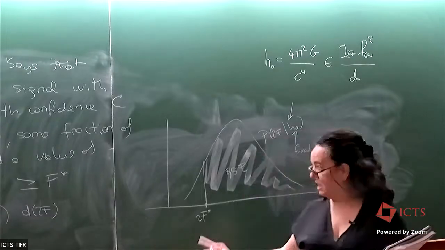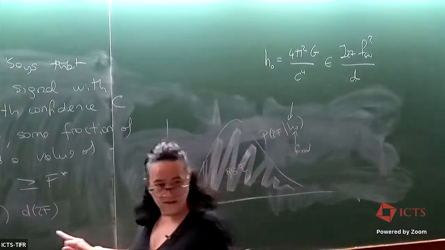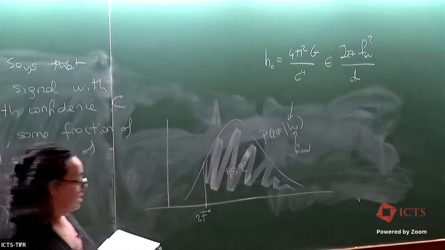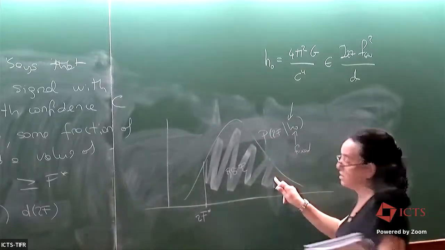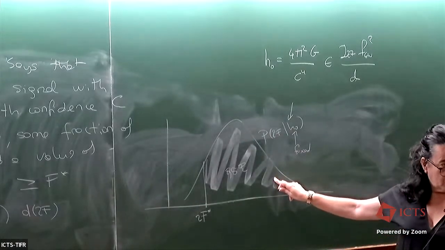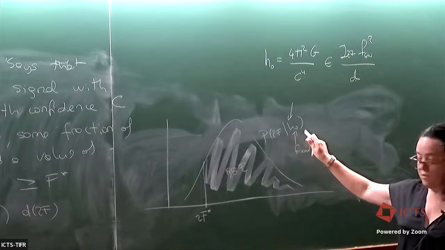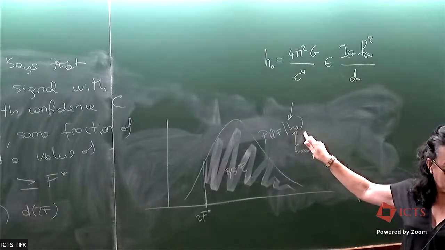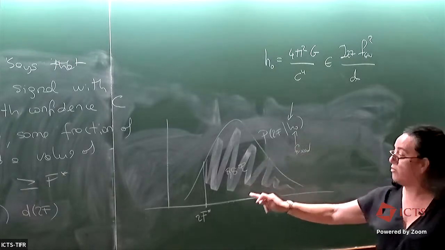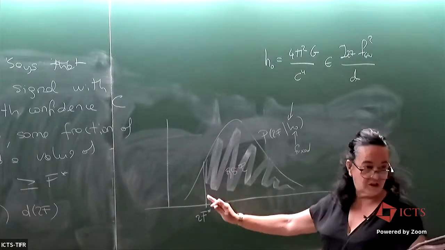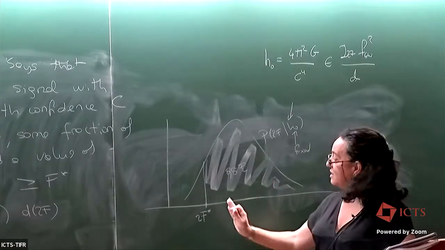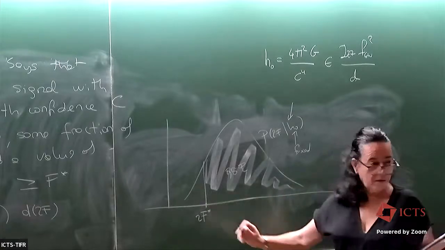Now you can imagine that to invert this is not trivial, because that means I will have to construct this probability distribution for many possible values of H0 until I find the one for which this integral matches this value.